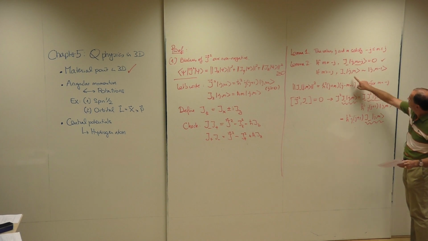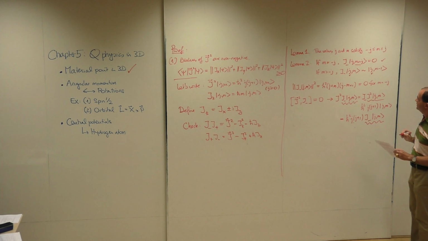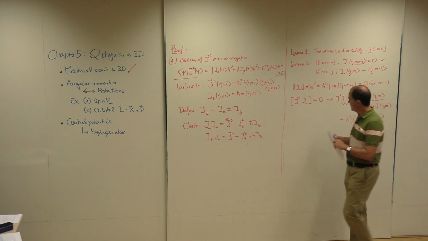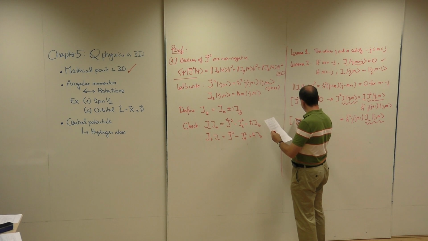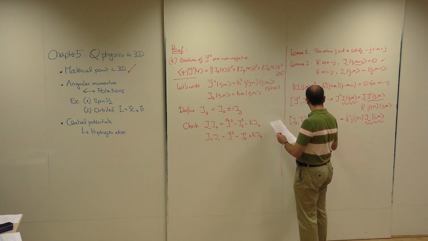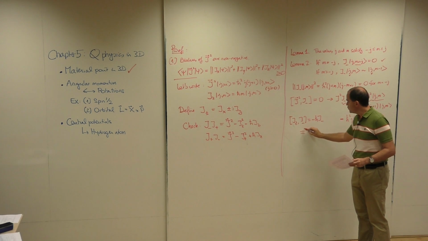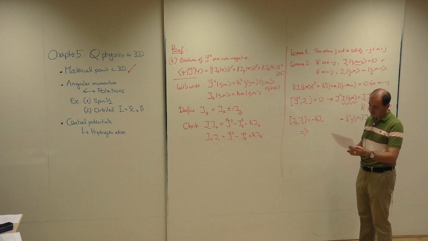Okay, so now we proved that the j is unchanged, and now we need to prove that the m goes down by 1, and this comes from something that I again have not proved, but you can prove it trivially, that jz j minus is equal to minus h bar j minus. The motions are exactly the same as the ones for the harmonic oscillator. If you want in detail, you have it in the lecture notes.